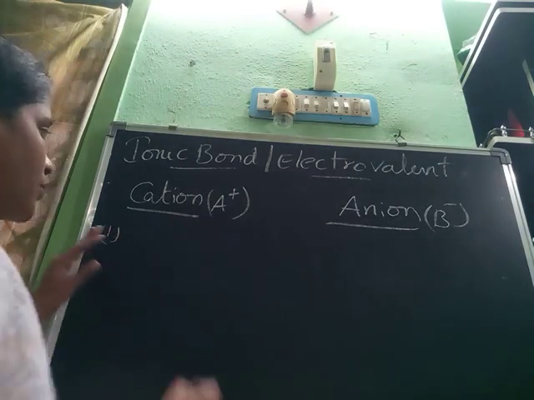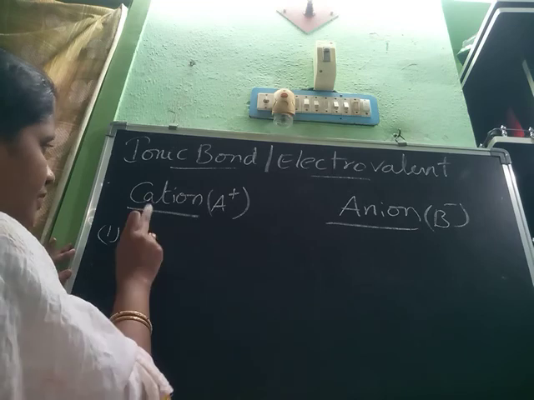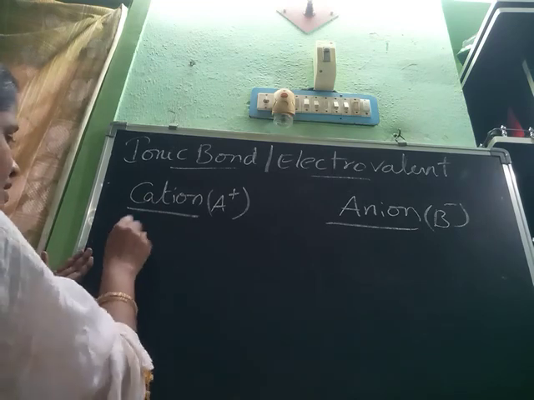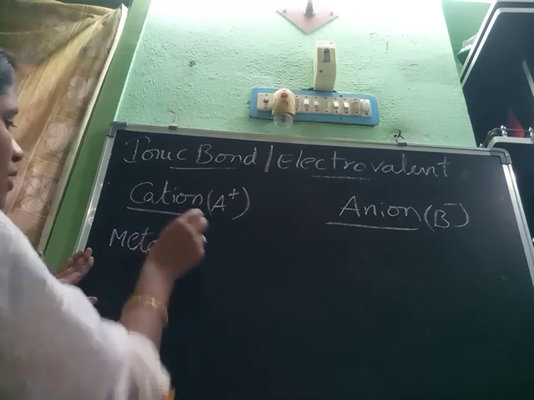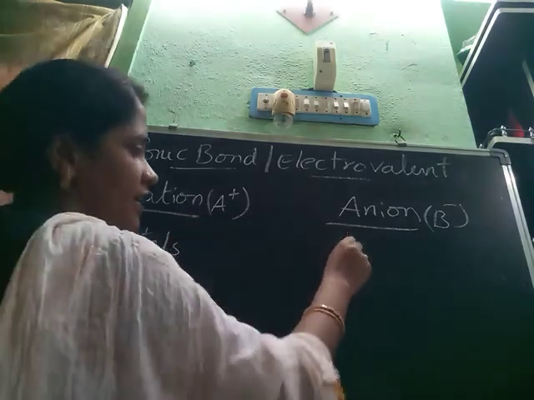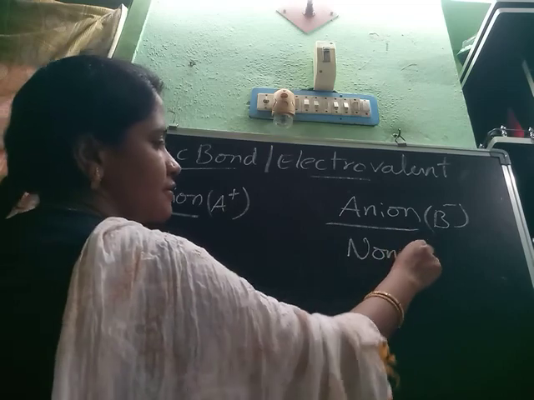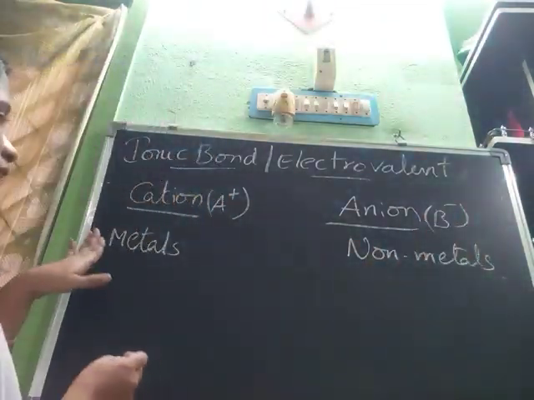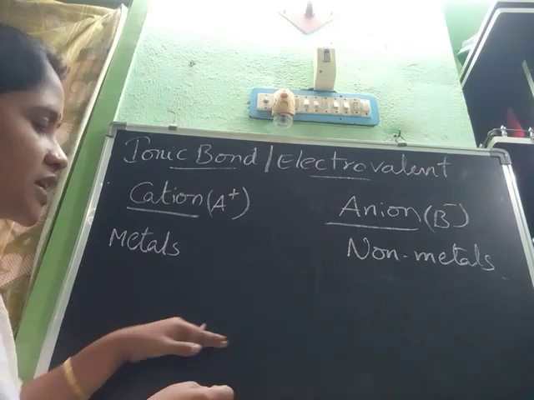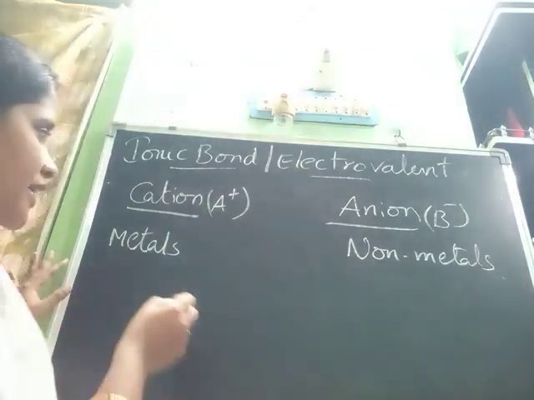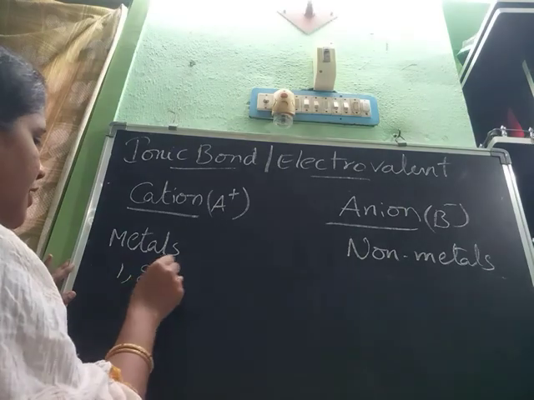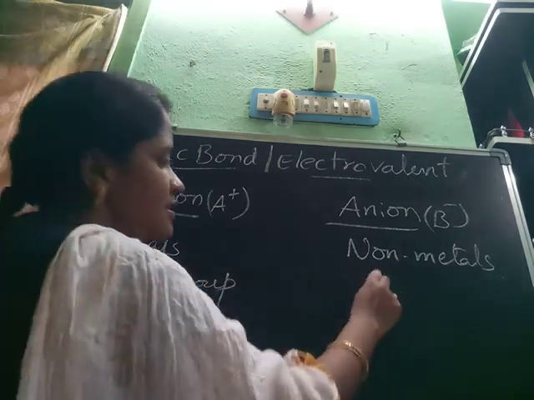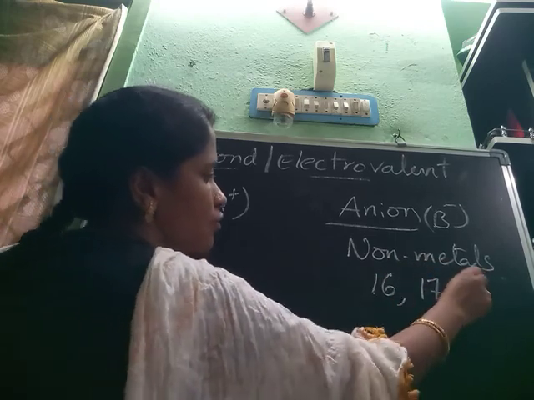In the ionic compound, the cation is formed by metals, and the anion by non-metals. Which groups are mostly involved? Among the metals, the first and second groups, and among the non-metals, the 16th and 17th groups.